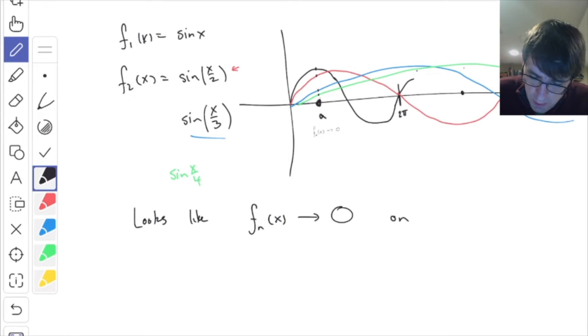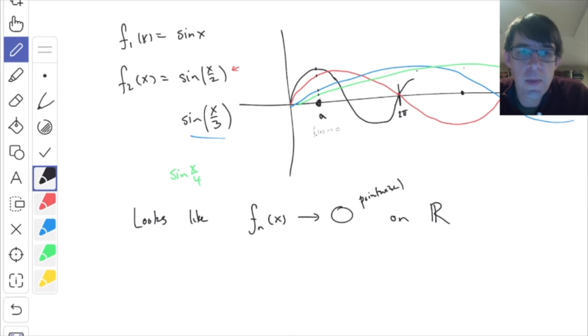So I'm going to say on R, pointwise. It looks like this sequence of functions pointwise converges to 0 on all of R. That is, this convergence happens at every point in the real numbers. There's not some region on which it does converge and some other on which it doesn't. No, it seems to occur always.